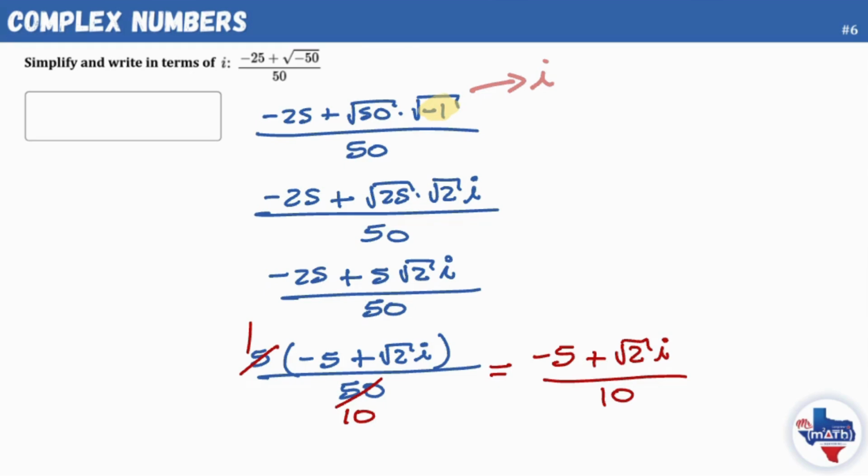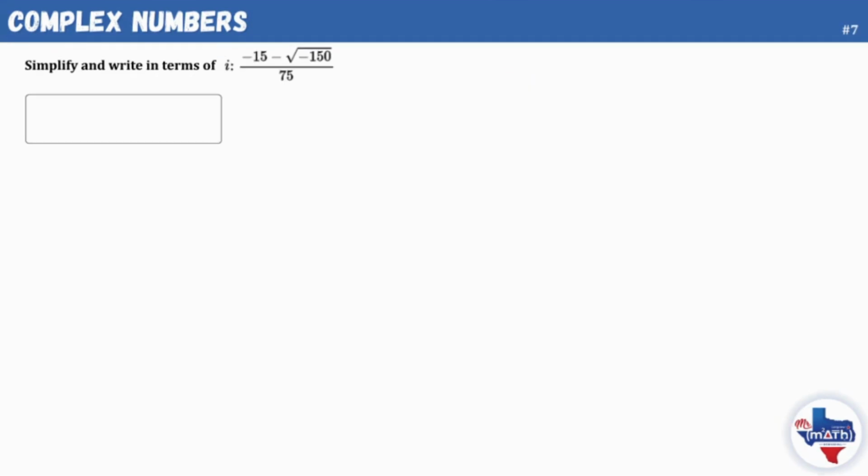Okay, let's check another problem. Okay, on this problem we have negative 15 minus the root of negative 150, over 75. Okay, what can we do here? We can replace it with negative 15 minus the root of 150 times the root of negative 1, over 75.